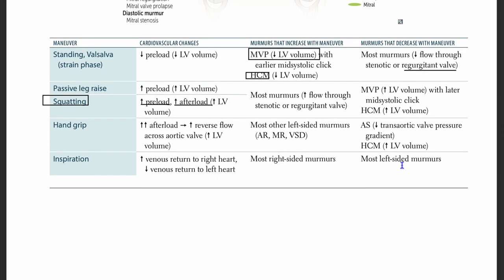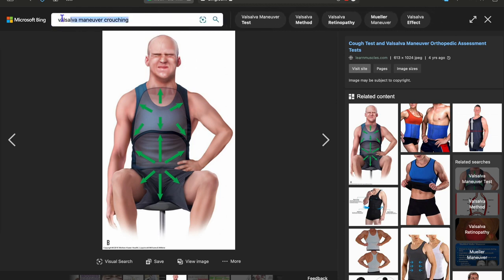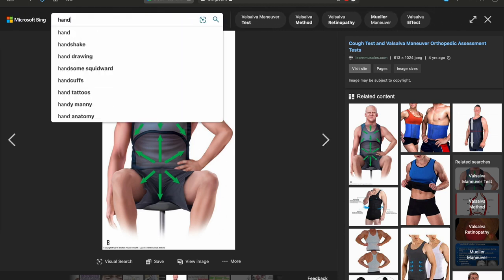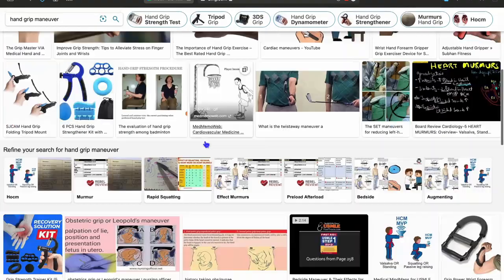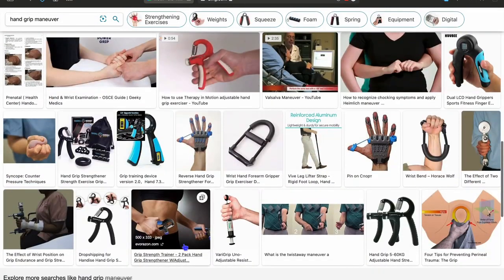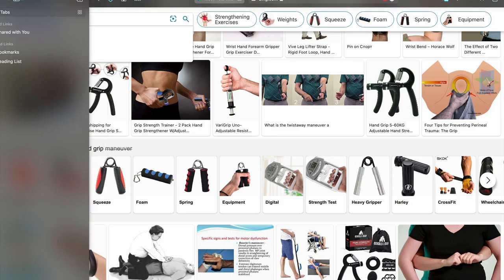Okay. For the hand grip, so when you're doing hand grip, what are you doing? So when they say hand grip, nope, that's not what they mean. I guess we've got to go back to Google for that.